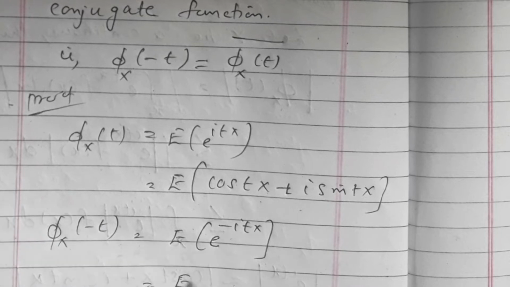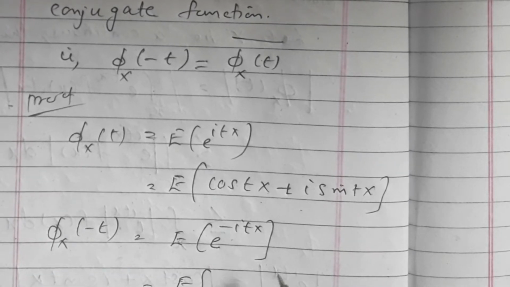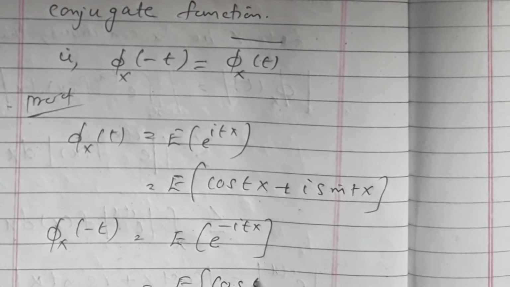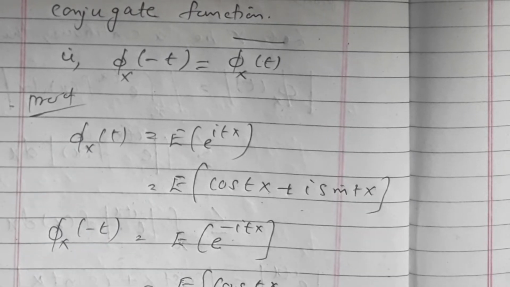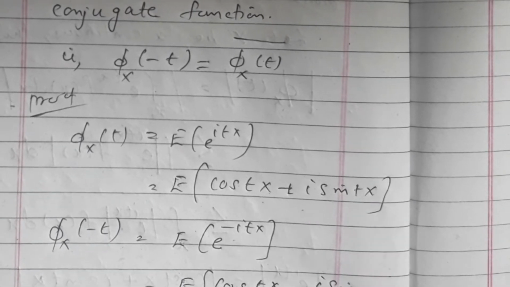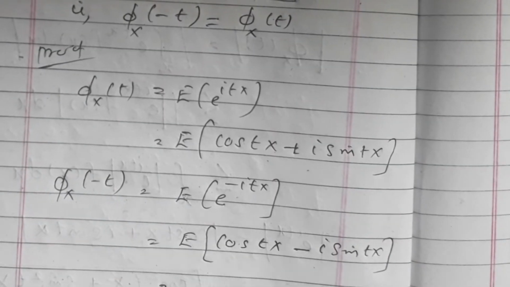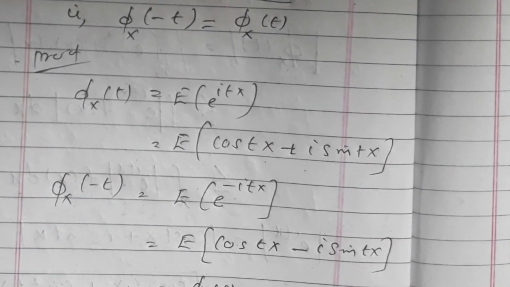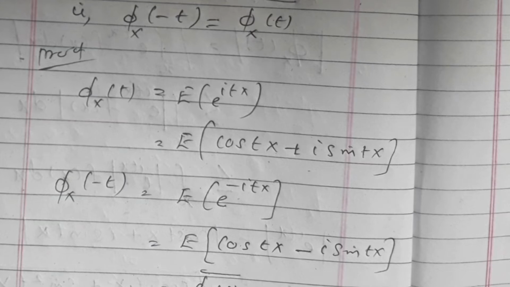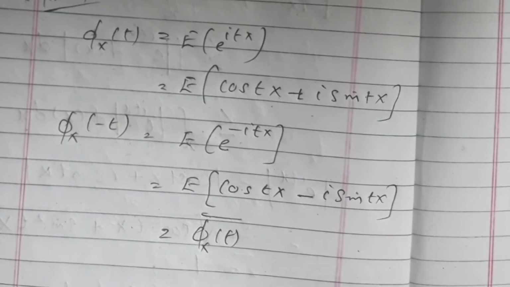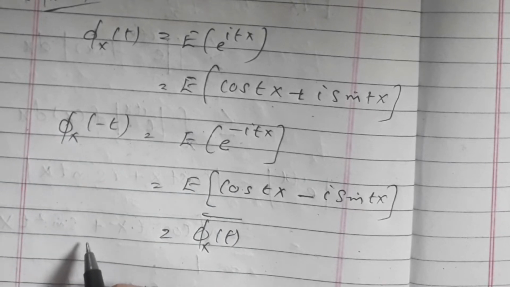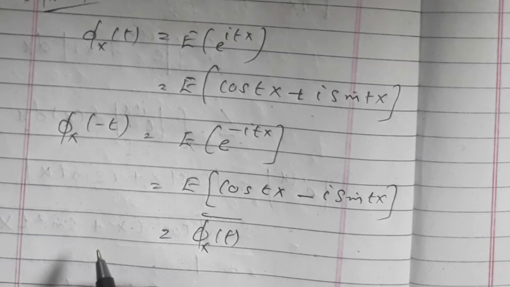So expectation of e raised to minus i t x is cos t x minus i sin t x, which is phi x of t bar. Therefore, phi x of t and phi x of minus t are conjugate functions. Okay. Next property.